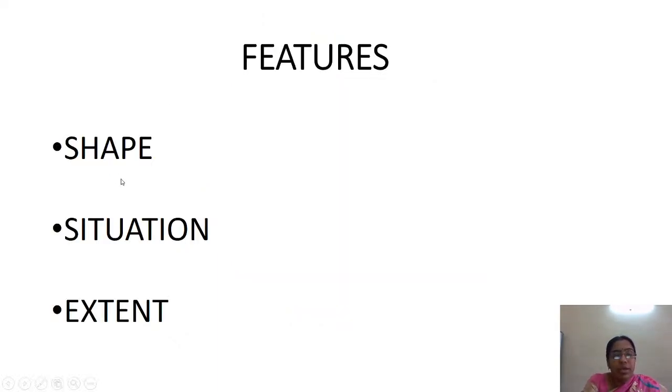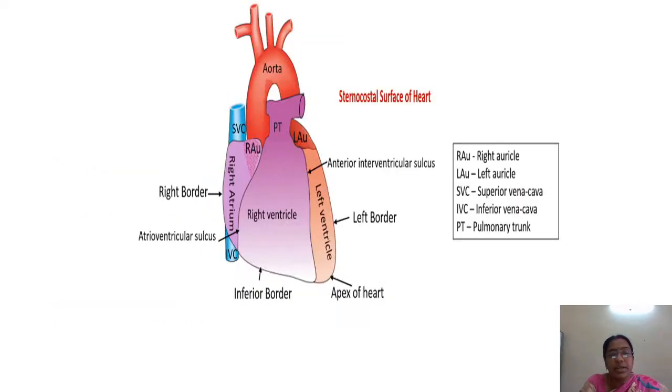After the shape, next coming to the situation of the right atrium. Where it is situated: we said it is in the heart, but in the heart, when we did the external features, we said the heart has the apex, the base, and the surfaces, such as the sternocostal surface, diaphragmatic surface, and right and left surfaces.